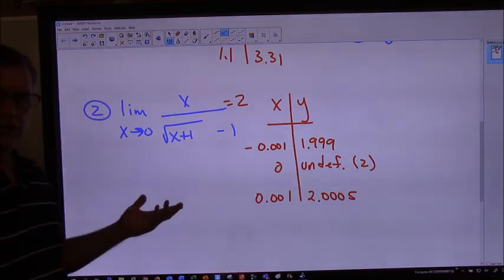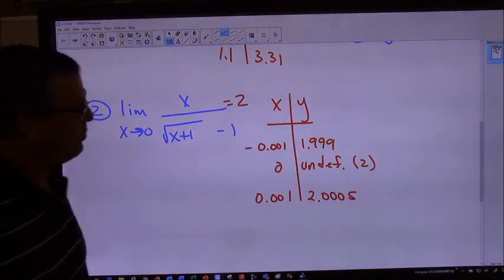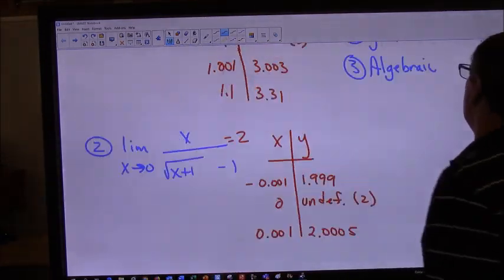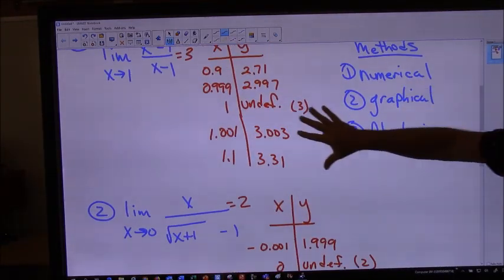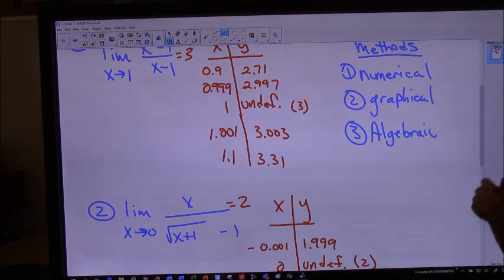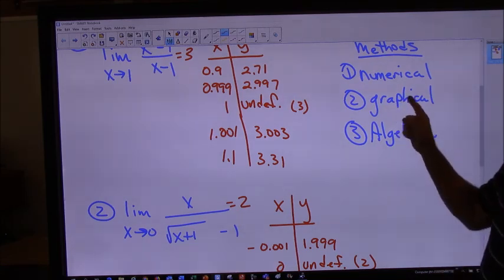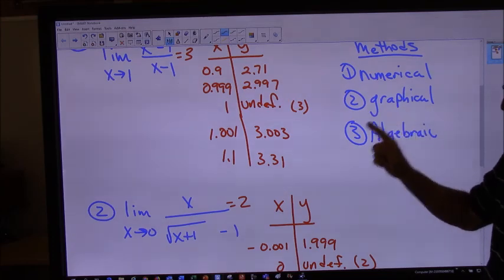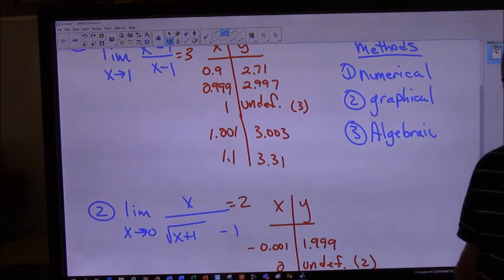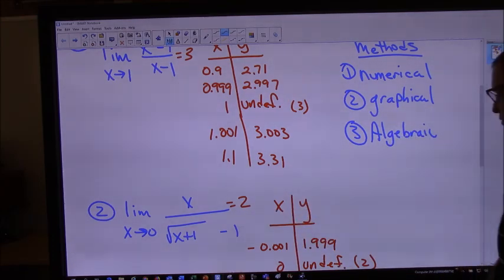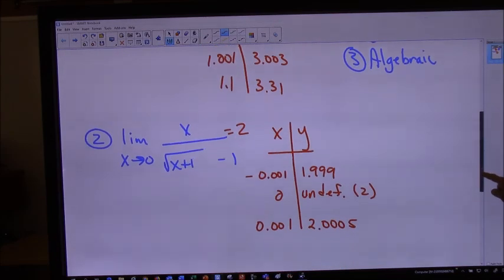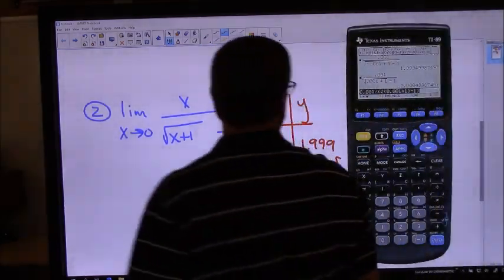Now, if I want to check from a graphical point of view, remember we have 3 methods here. What we're doing right now is a numerical method. We're plugging numbers in to see what we get. If I want to do a graphical method, it means I just graph this equation and see what it looks like on the calculator. So let me go ahead and do that.